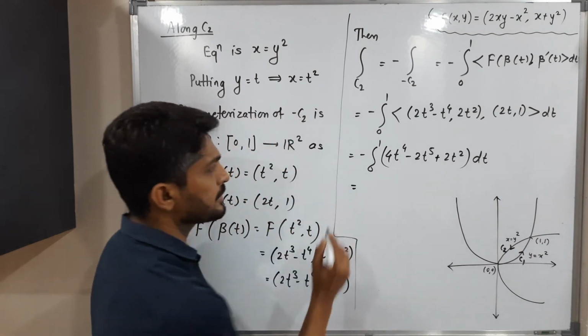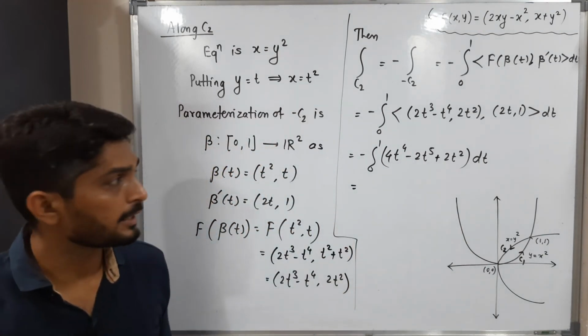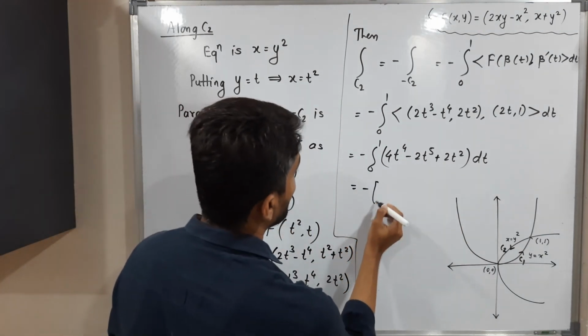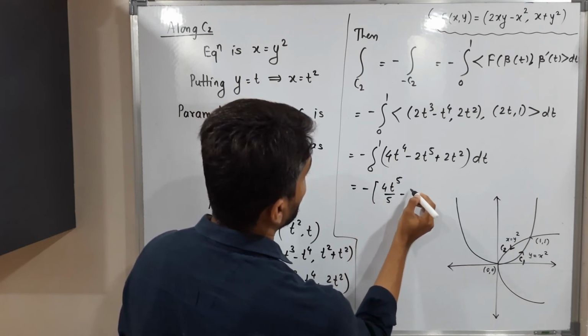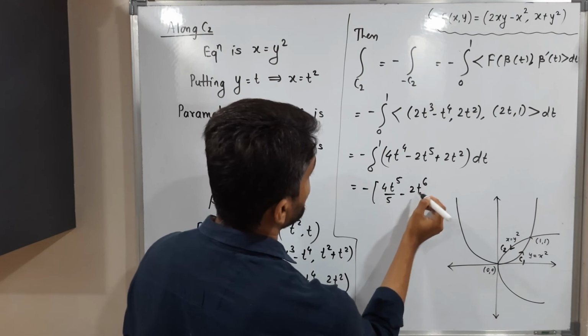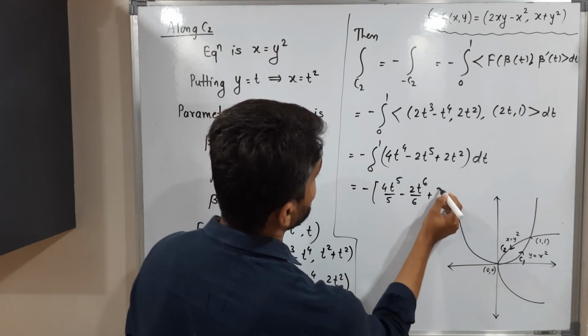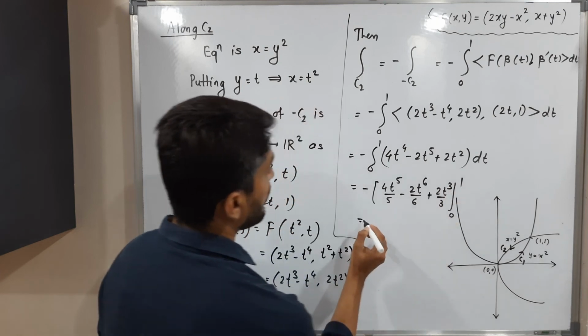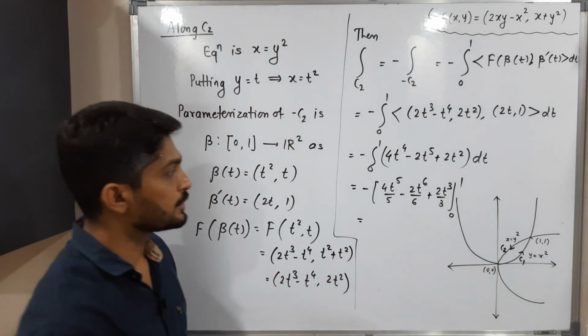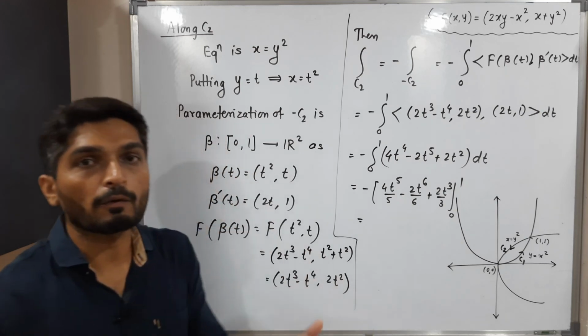Since addition and subtraction are there, we can take separate integrations. Minus, 4 as it is, integration of t raised to 4 is t raised to 5 by 5, minus 2 integration of t raised to 5 is t raised to 6 by 6, plus 2t cube by 3, with limits 0 to 1. I am putting 1 first and then I will put 0. If you put 1, any power of 1 is 1.